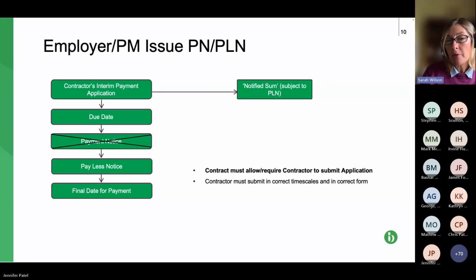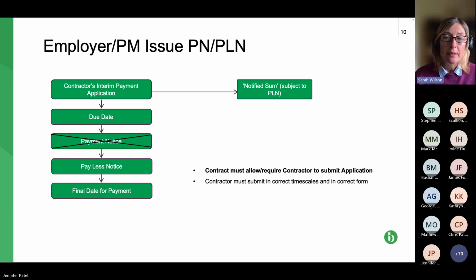And also the contract must allow or require the contractor to submit an application for payment. So we know NEC does, both NEC3 and NEC4, most JCTs do as well, but that's an extra mandatory requirement that's in the Act.